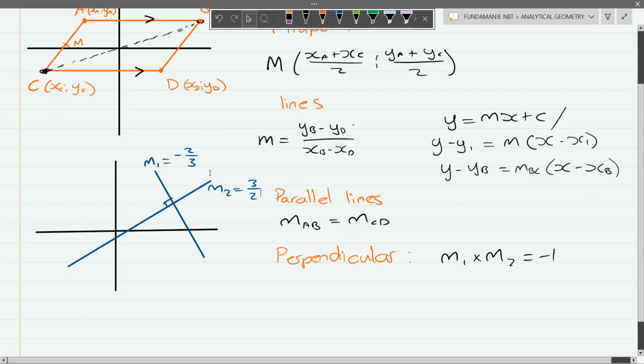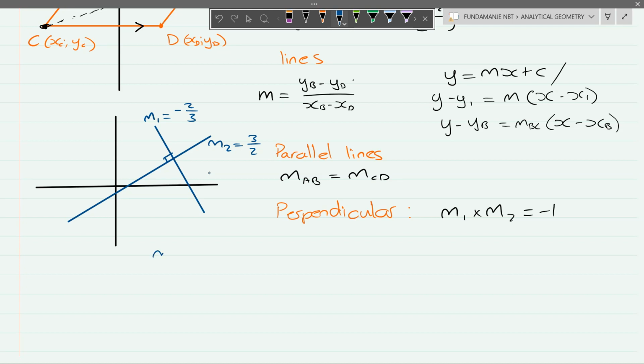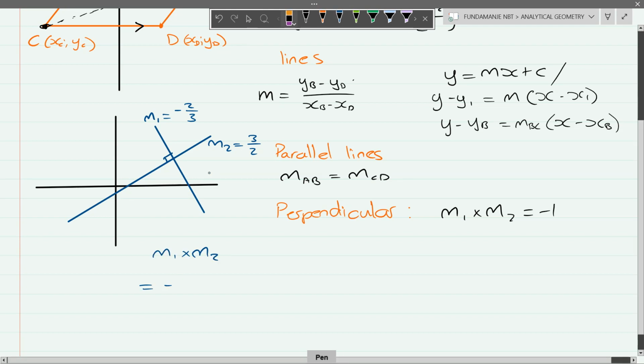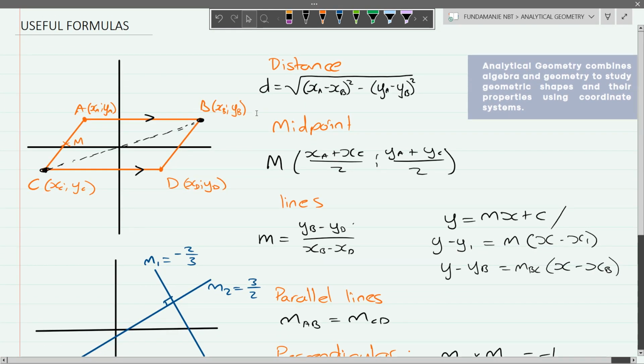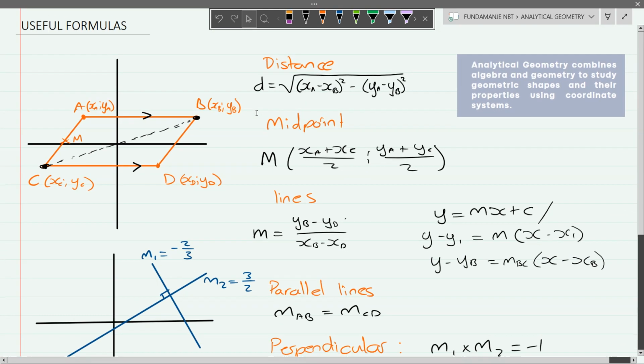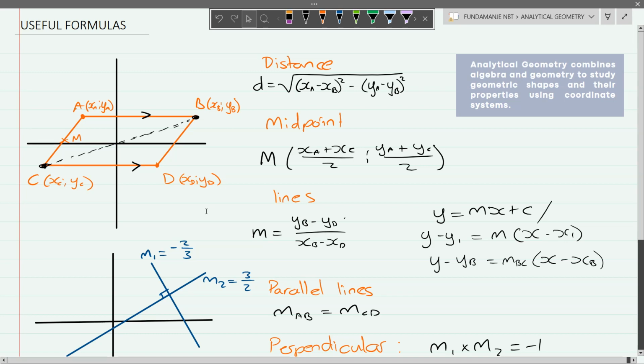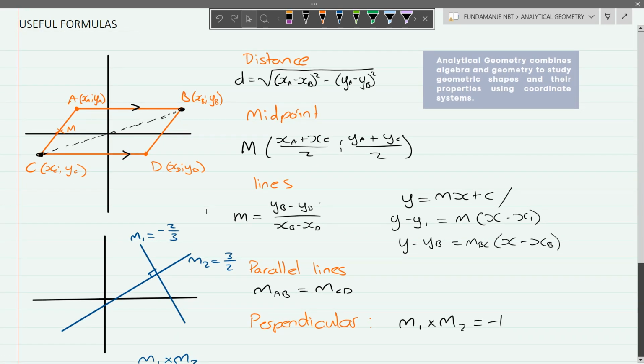If you multiply these two gradients, m1 multiplied by m2, that will give you -2/3 times 3/2. The 3s cancel, the 2s cancel, and you're left with -1. Therefore, can you see that this property actually holds true? Then that is it for the useful formulas that we normally use during analytical geometry.